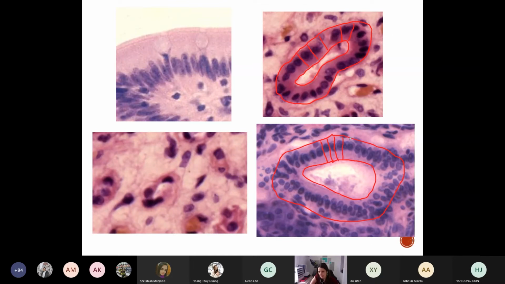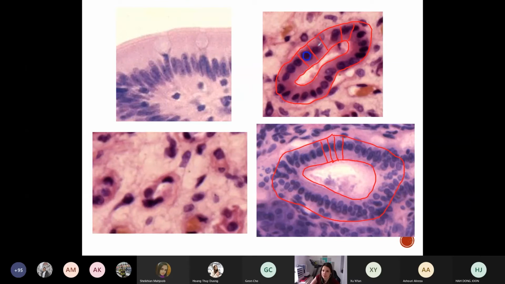So if the cells are elongated and perpendicular to the basement membrane, then they are columnar cells. Usually cuboidal cells have round nuclei, so this is again a big help for you.